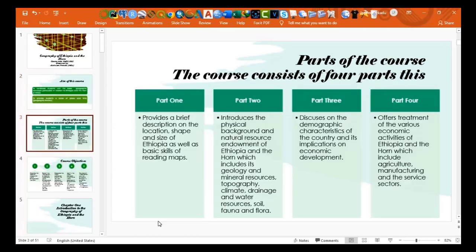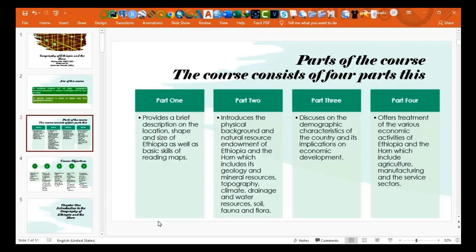When we see, the course consists of 4 parts. The first part provides a brief discussion on the location, shape and size of Ethiopia, as well as the basic skills of map reading or the principles of map reading.